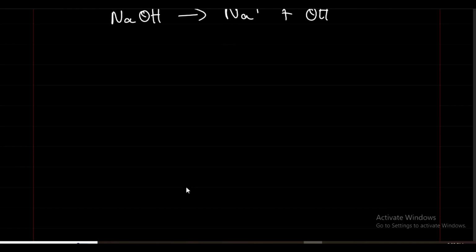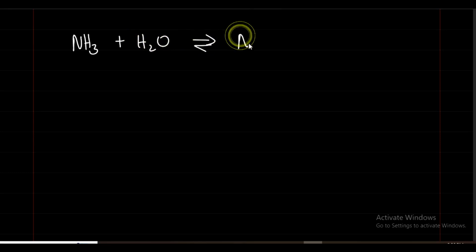Okay, so if you check ammonia, for example, let's see if ammonia ionizes or dissociates. So ammonia plus water molecule, what do we get? We get ammonium ion plus hydroxide ion. So what happened?